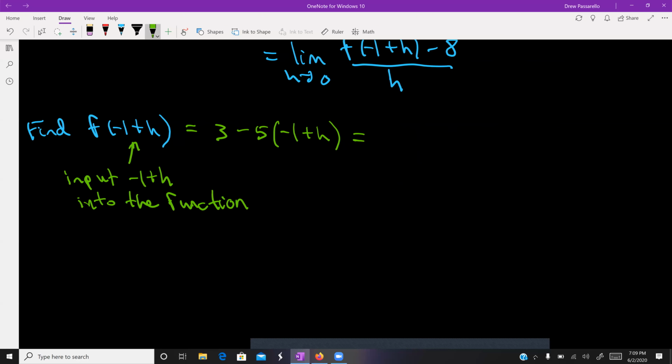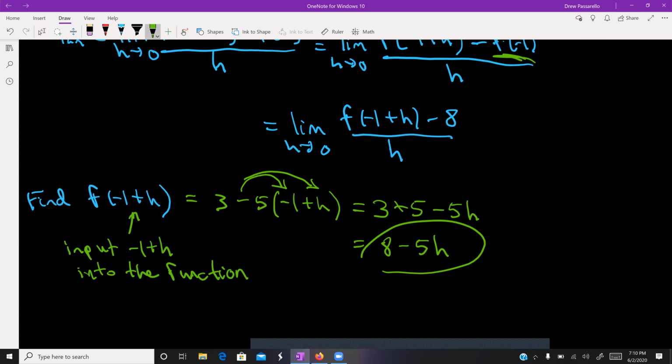So that's going to make this 3 plus 5, and then minus negative 5h. And then 3 plus 5 is 8. So this is 8 minus 5h. Now that's what all of this is.